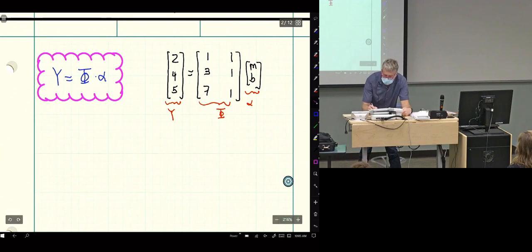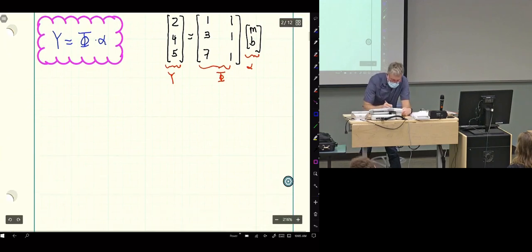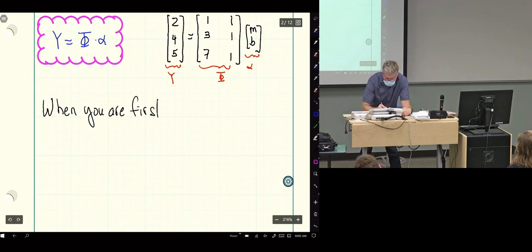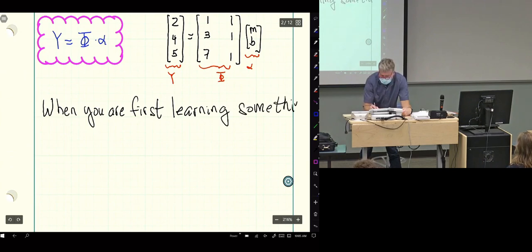Okay, so when you're first learning something, notation is everything, right? Unfamiliar notation just kind of throws you off your game.